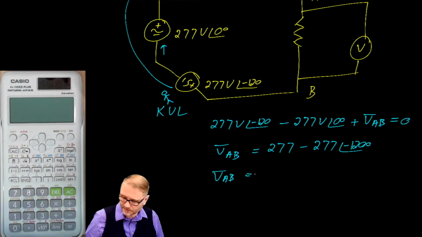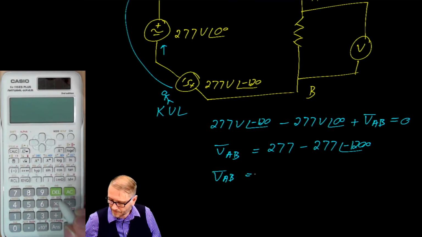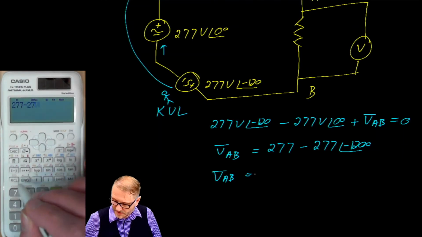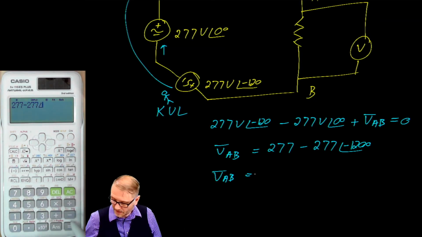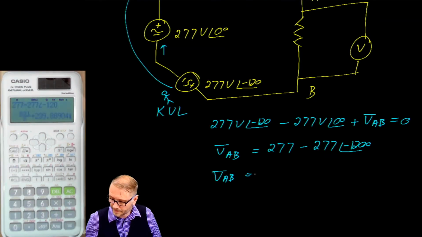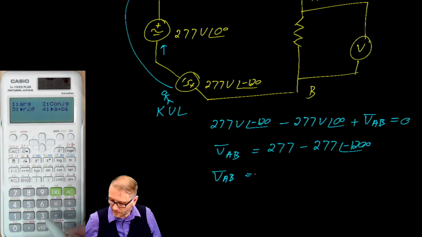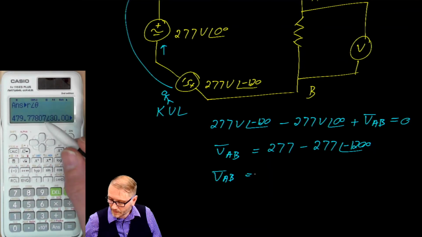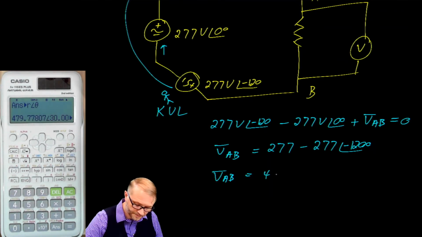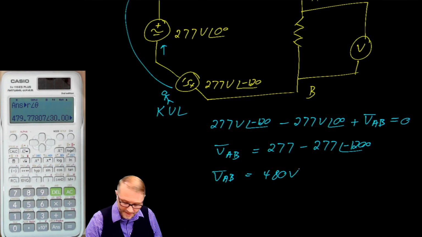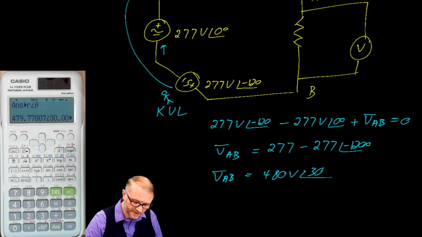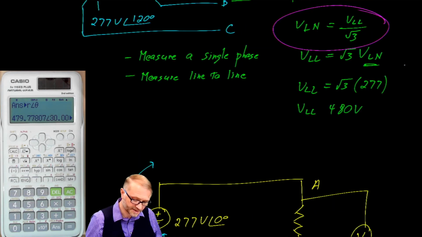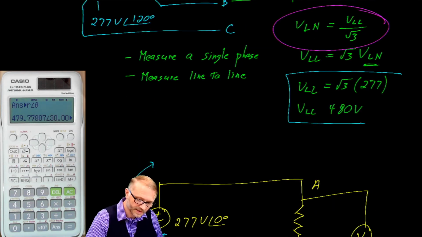Push that through your calculator as 277 minus 277 at a phase angle of negative 120, and put it into polar form. There you are, 480 volts at an angle of 30 degrees. So this meter here reads 480, and we already established that there was a root 3 relationship there.